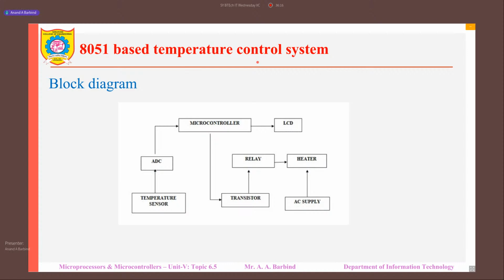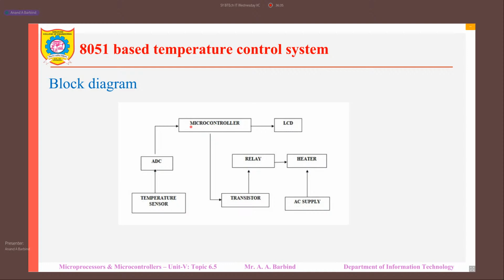Here temperature control is taken as one example, but in this fashion, we can design any control system based on the microcontroller.